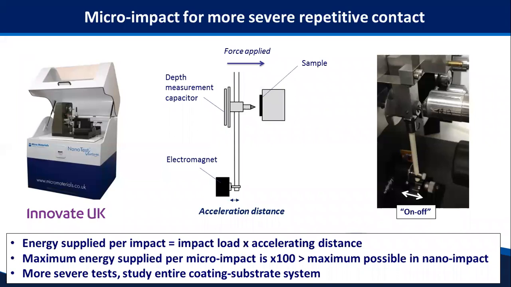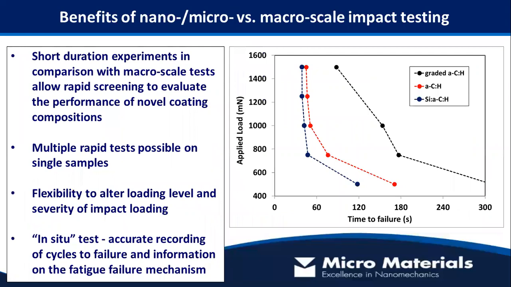So we've developed micro impact tests. We've adapted a similar approach for our high load head, and this allows us to produce more severe impacts, with maximum forces and maximum energies typically a couple of orders of magnitude higher than is possible in nano impact. So it's, again, a very flexible test.